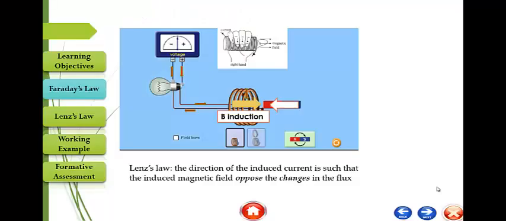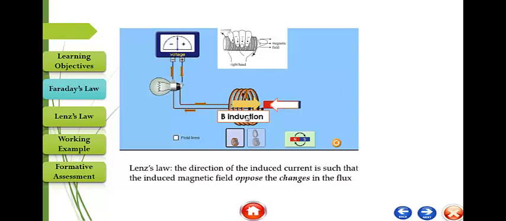Note that if we move the magnet from the right to the left, approaching the coil, the voltmeter needle is counterclockwise. Based on Lenz's law, the induced magnetic flux resists the change. When the magnet is moved closer, the coil receives a lot of magnetic flux.